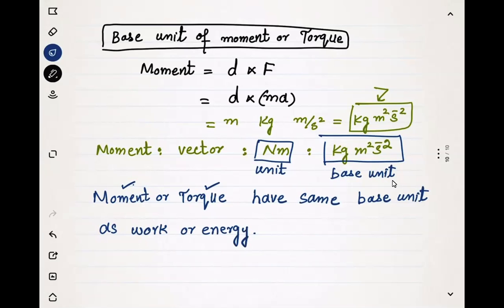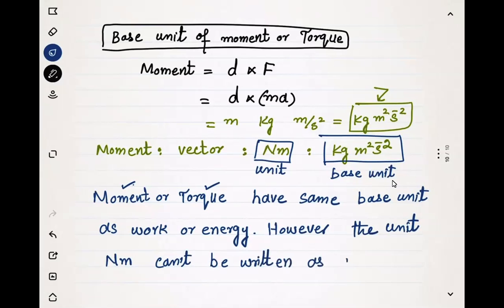However, the unit Newton meter cannot be written as joules because of rotation and energy.